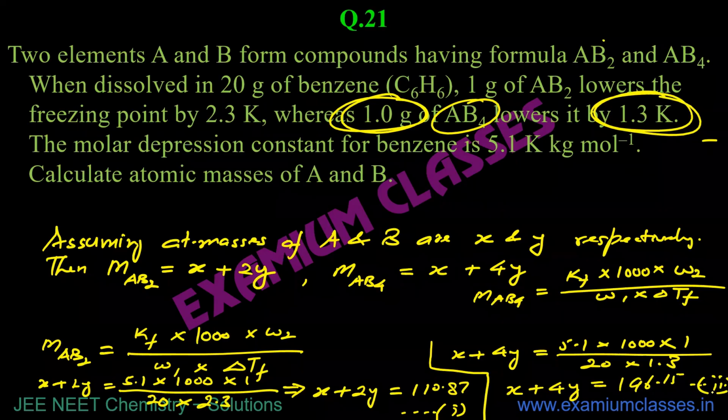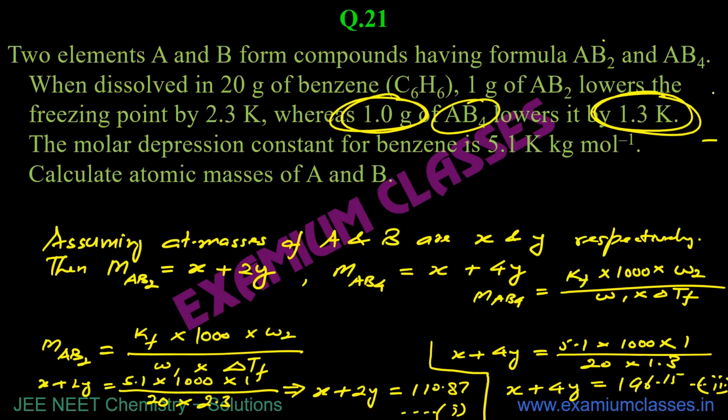Now you can solve these two equations. X plus 2y is 110.87. X plus 4y is 196.15. And you will get the value of x and y. Kasak says x will be 25.59, y will be 42.64. Yes, that is the answer I have.